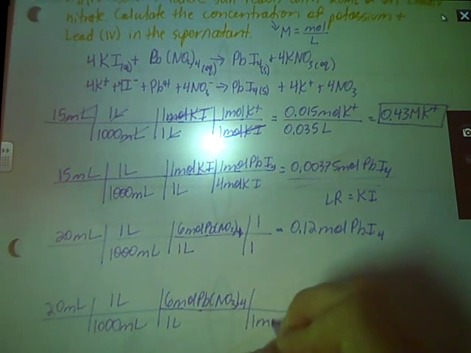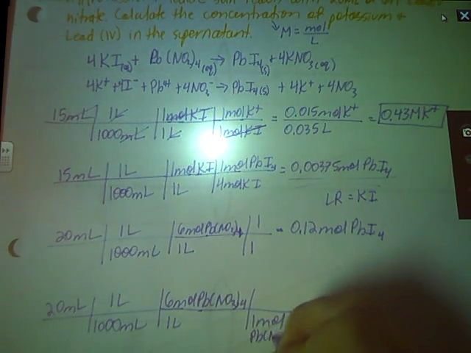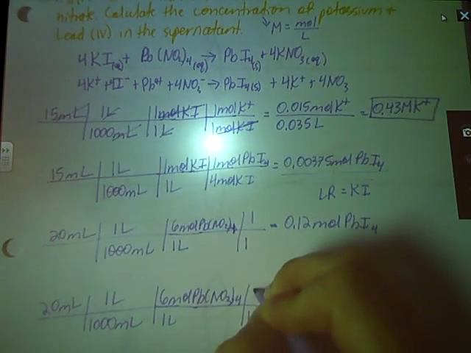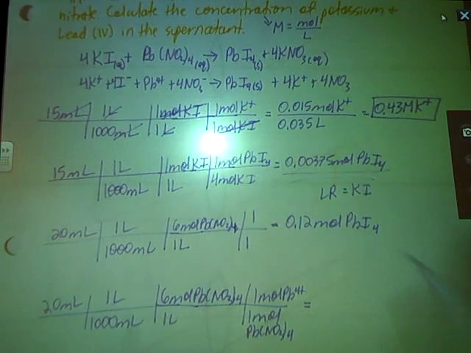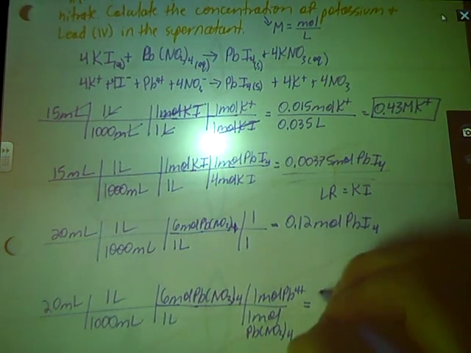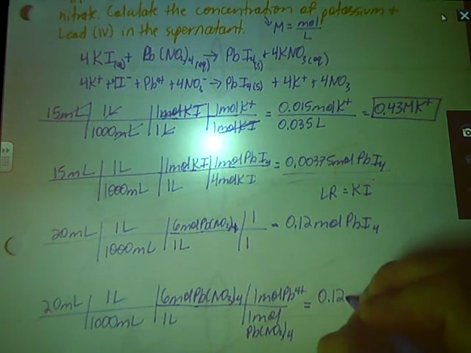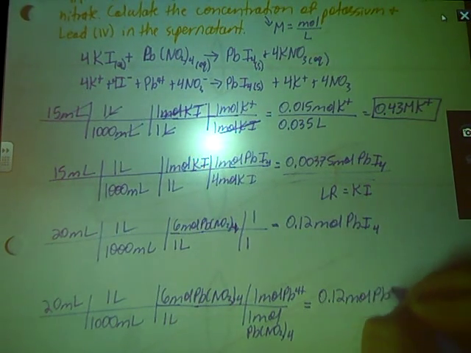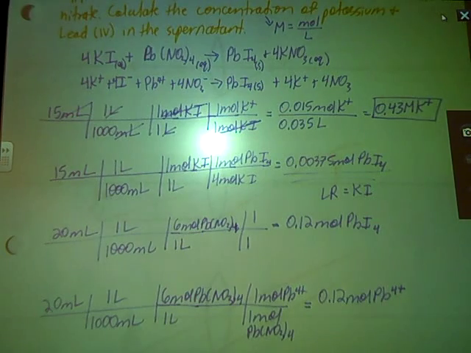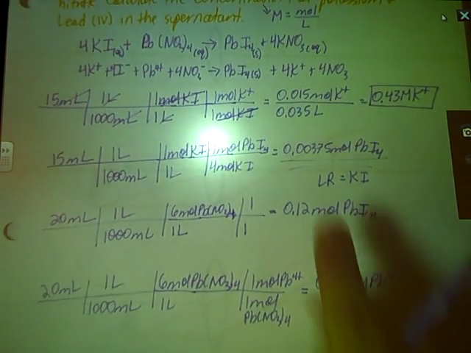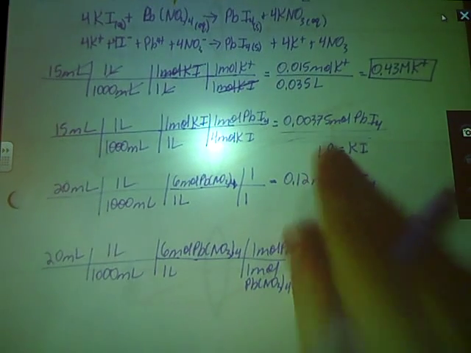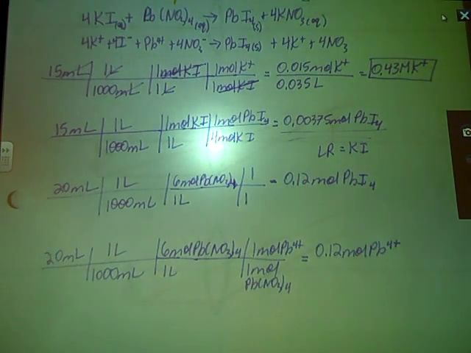So for every 1 mole of that lead 4 nitrate, I get 1 mole of lead 4 ion. So I started off with 0.12 moles of that lead ion. I'm going to use up 0.00375 moles of that lead 4.